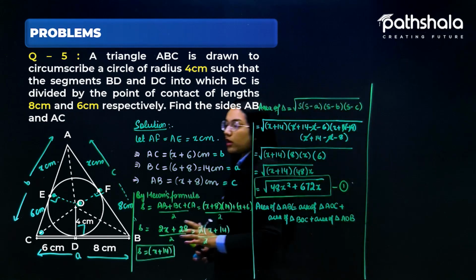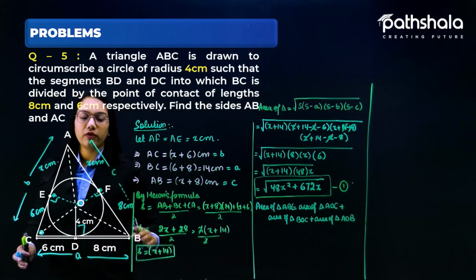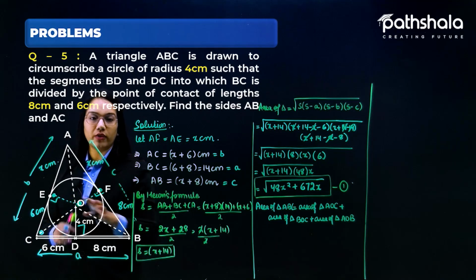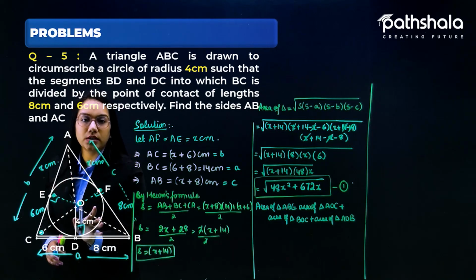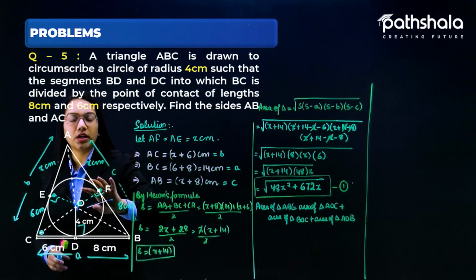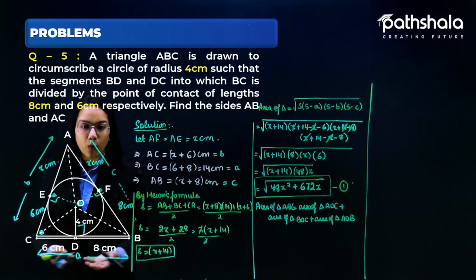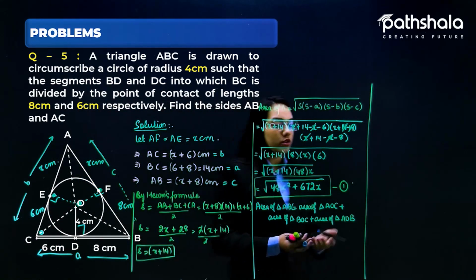So I am taking the area of the whole triangle by taking the 3 smaller triangles over here: this is triangle 1, this is triangle 2, and this is triangle 3. Obviously the sum of these 3 triangles is equal to the whole triangle.